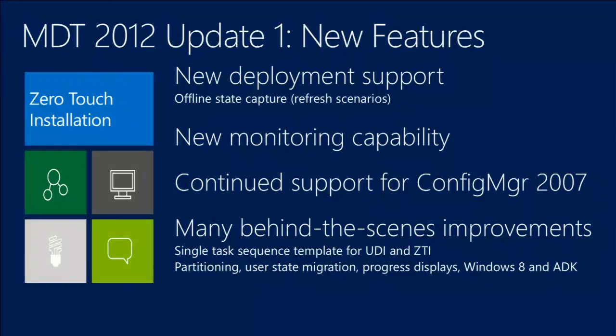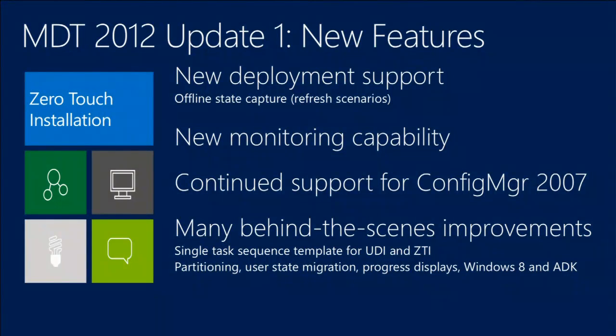And remember, of course, you have the in-console monitoring. Exactly. With Config Manager, there's all the great in-console monitoring and status messaging that you can use. So there's still a good amount of monitoring available. With MDT 2012 Update 1, support for Config Manager 2007 is still available. So you can either use it against a Config Manager 2007 system and integrate it there, or integrate it if you were on Config Manager 2012 SP1.